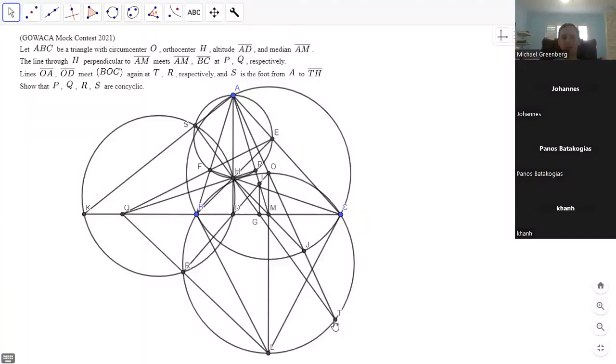In this case, for O, the isogonal conjugate is H, so H and T are inverses under root BC inversion. Okay.